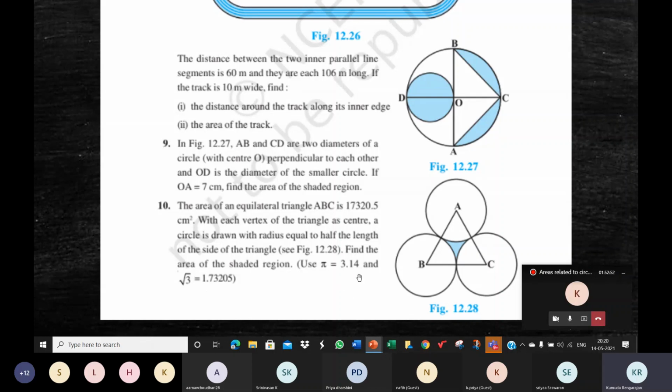So what is side square? 2500? 200 centimeters? No, my question is, what is side square?